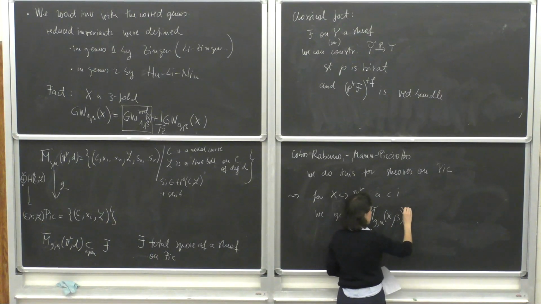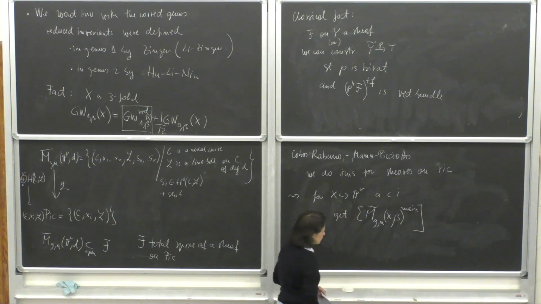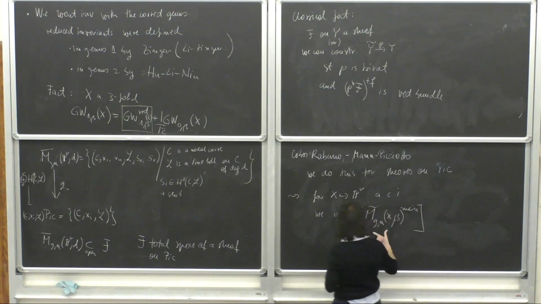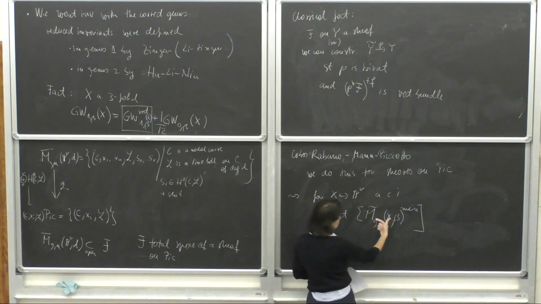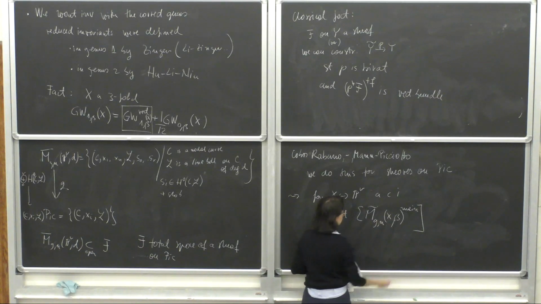And I'll put here a main, so this means that I intersect. On the projective space, it makes sense to look at a main component where the curve is generically smooth, and I intersect that with curves in X.